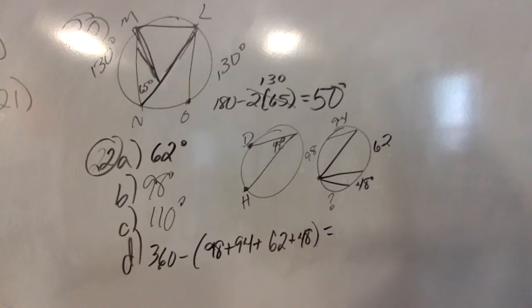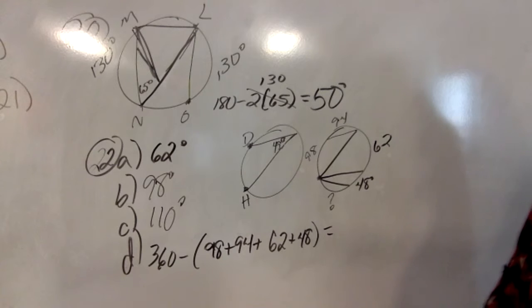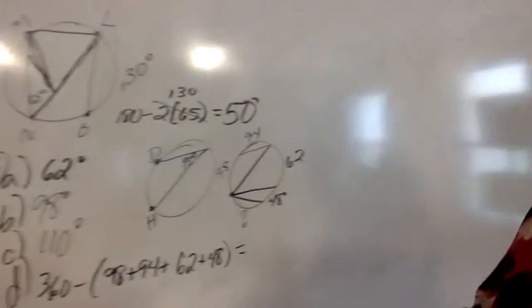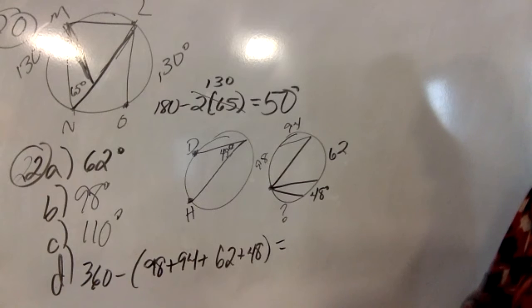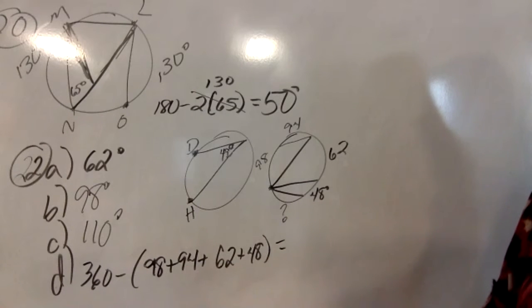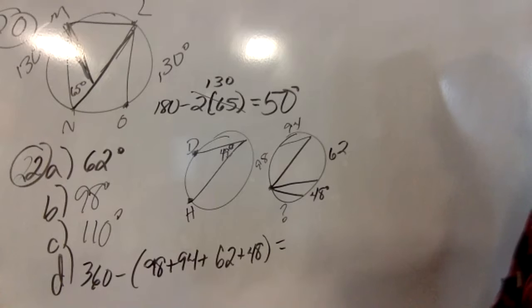98 plus 94. How can you end up with more than what the whole circle is equal to? 58.